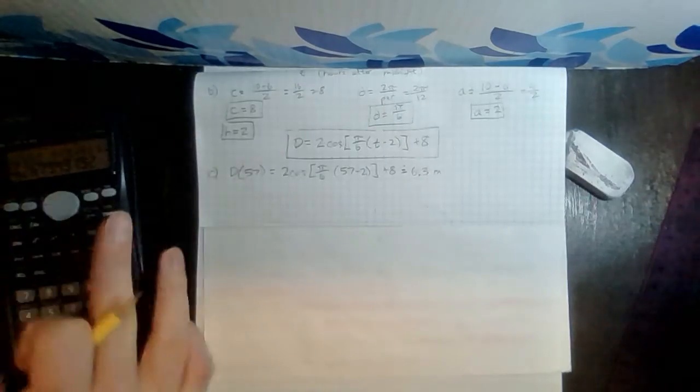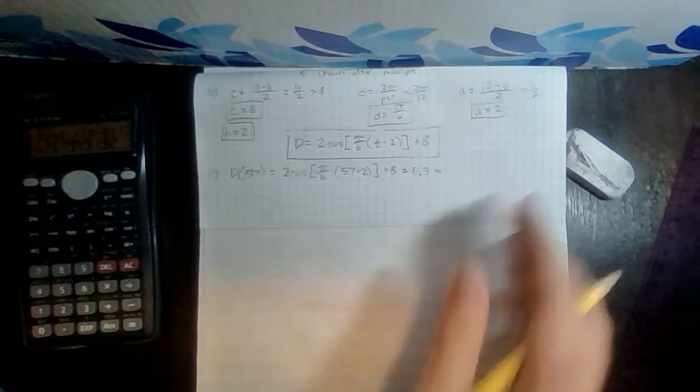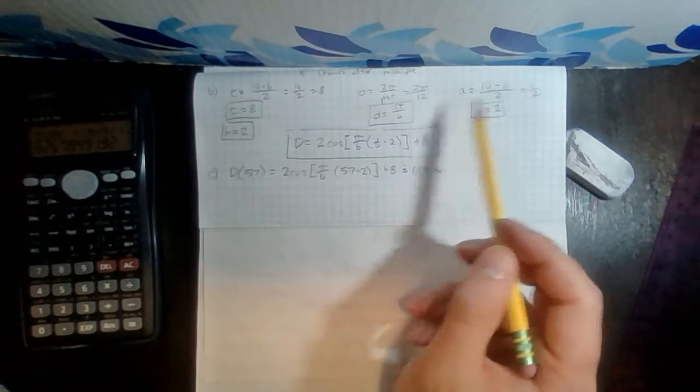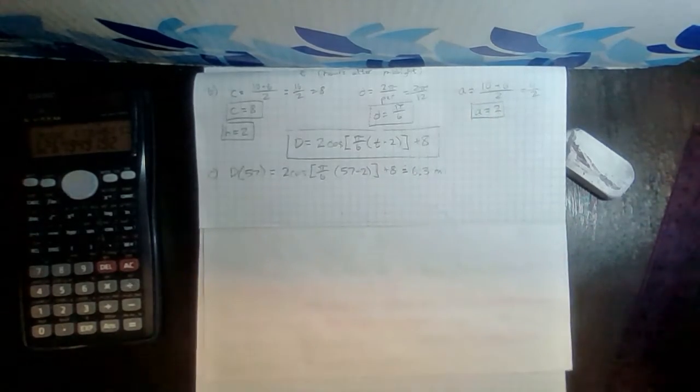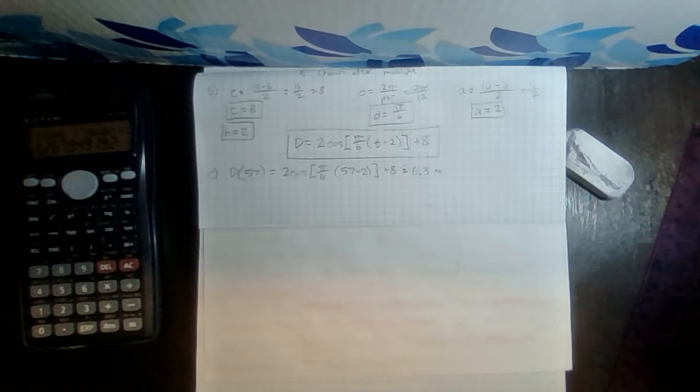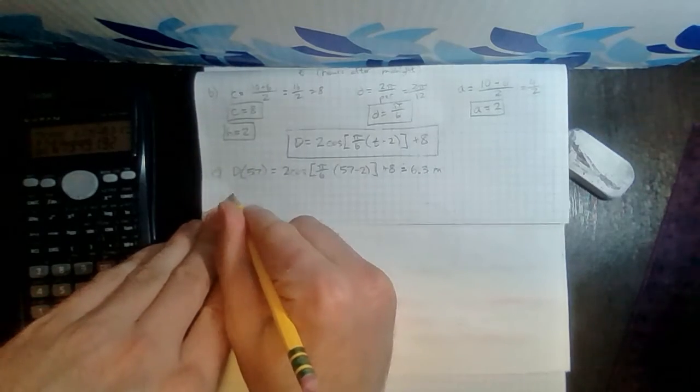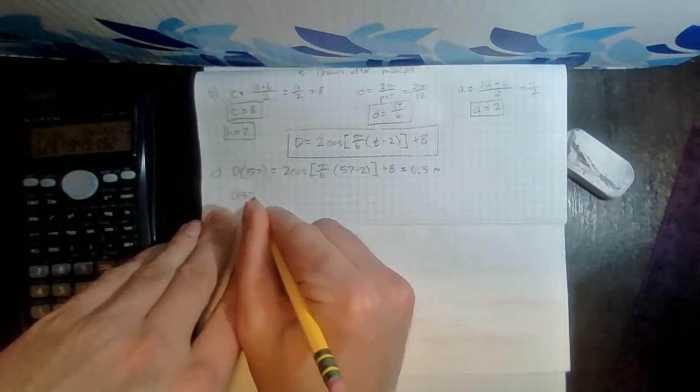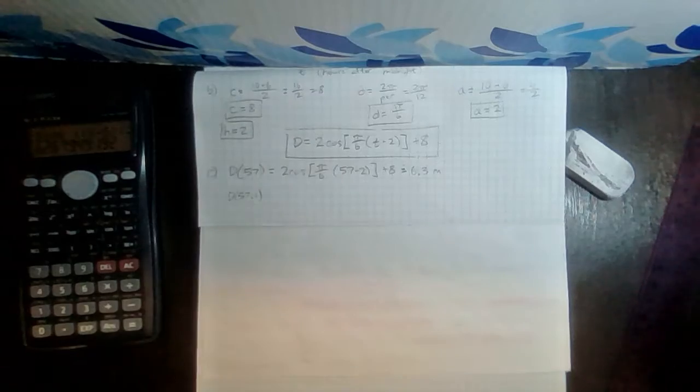And the follow-up part of that question was, is this tide rising or falling? So we could go through and see, okay, every 12 hours we complete a cycle. So every 6 hours, we're changing from rising to falling. Or we can just see, oh, what happens right after 57 hours.